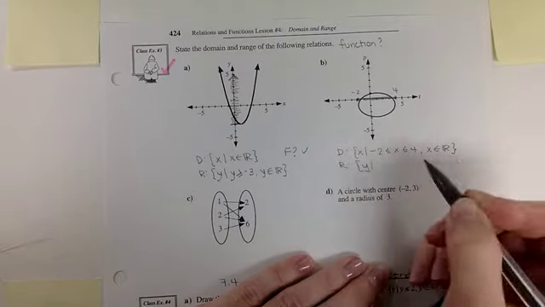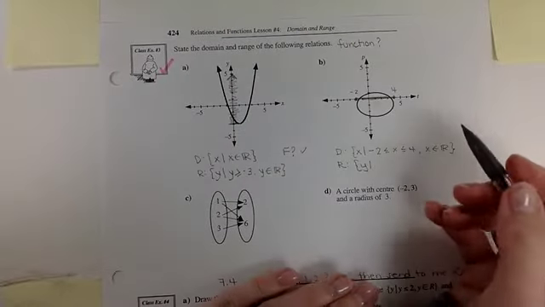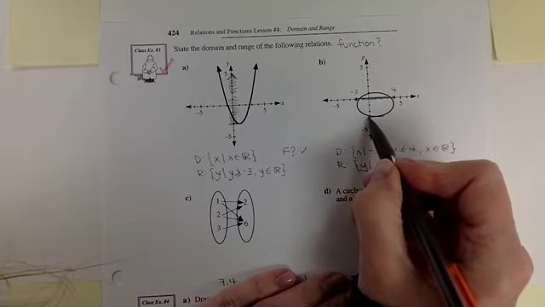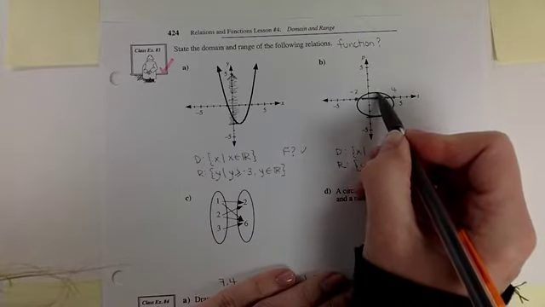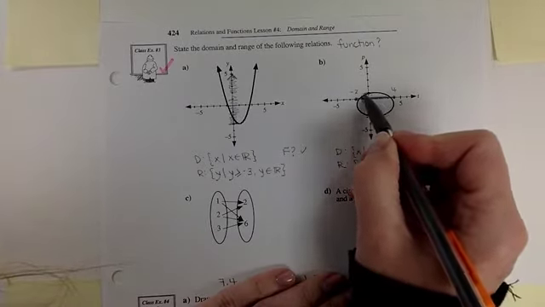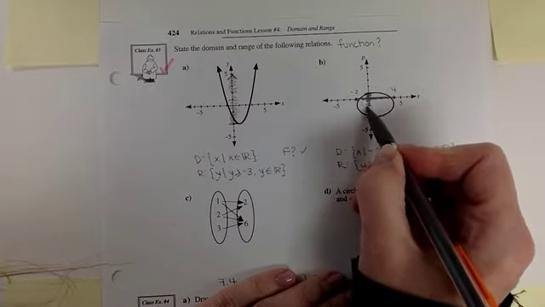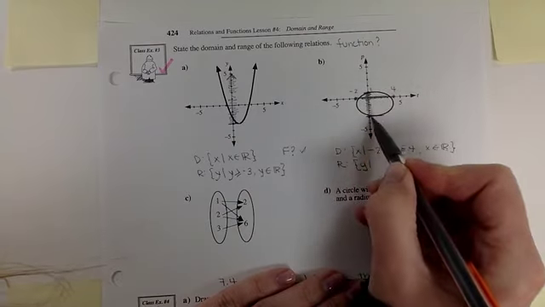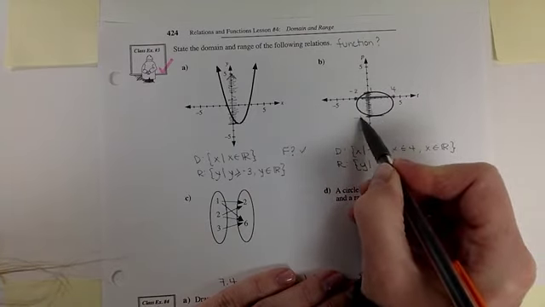Range, y such that, and now same idea, squish everything onto the y-axis, and here will be my lowest point. This will be my highest point, so I'm doing everything in between there. This is up 1, and this is down 3.